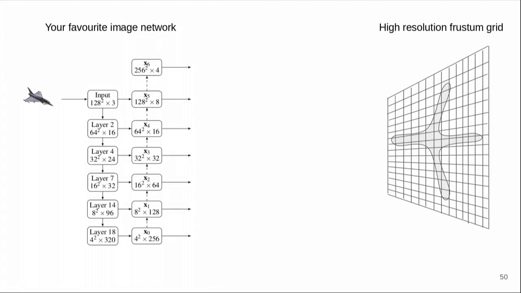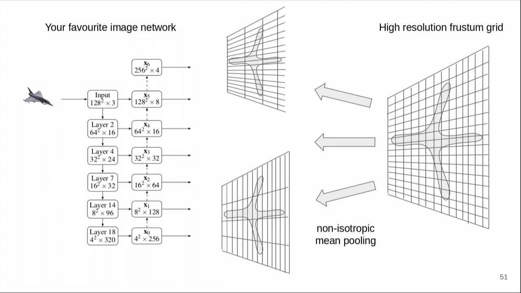So we just took a couple of different image networks. Here we see MobileNet version 2, but we also experimented with the bigger Inception v4 ResNet. And we have our beautifully illustrated probabilistic voxel model over on the right. We take that multiple times and pool it anisotropically.